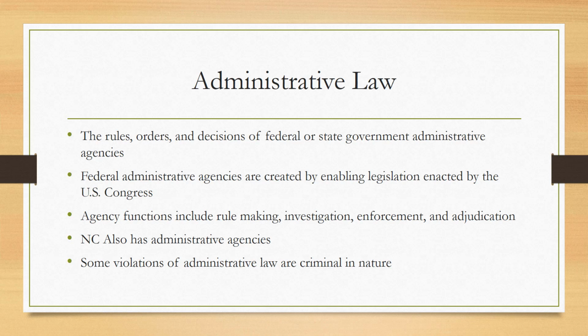Suppose you're going to create the IRS, the Internal Revenue Service. So Congress passes a law, says, okay, we're going to create the IRS, and we're going to give the IRS the power to make rules. So the IRS will be able to define what is and isn't income. You know, if I got a gift for my birthday, is that income? Do I have to report it? So they get to make law.